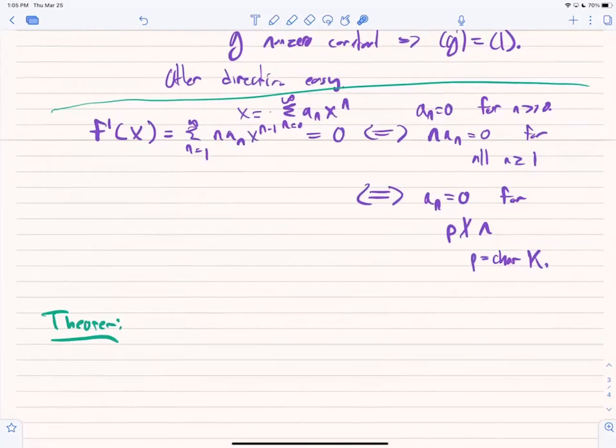Okay, and so we can bootstrap that up a little bit, and we can just say, if the characteristic of k is equal to 0, then every irreducible polynomial is separable.